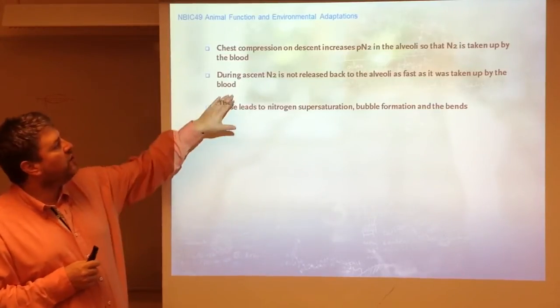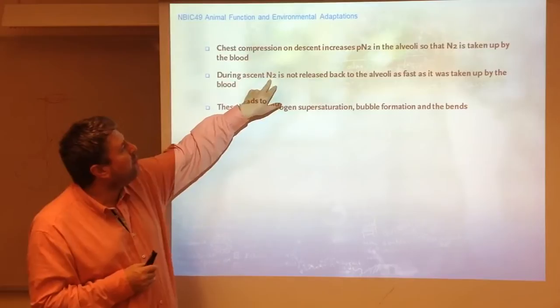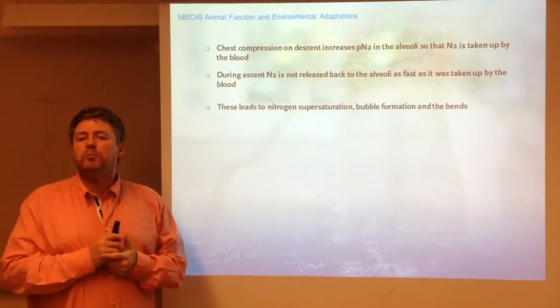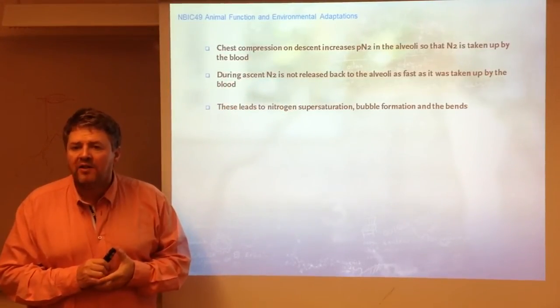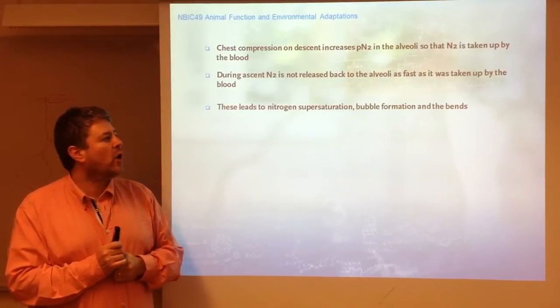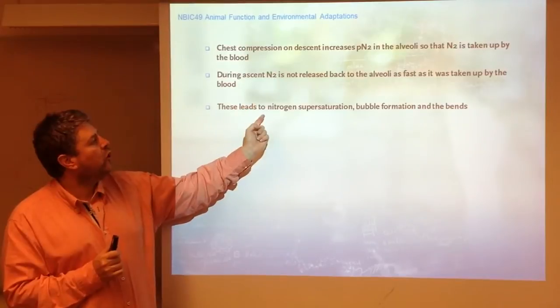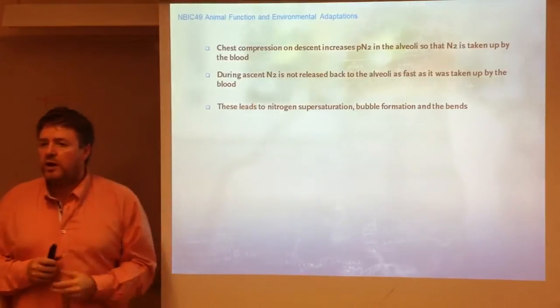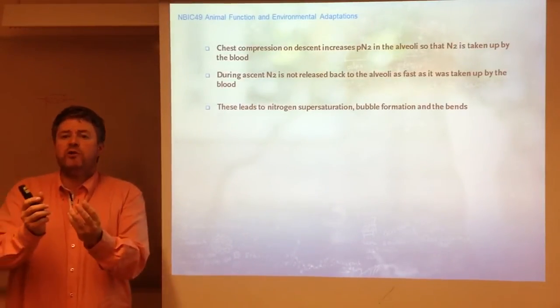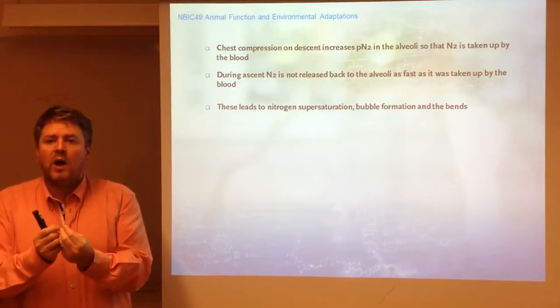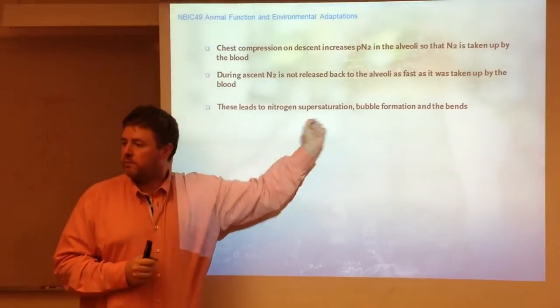But the problem is that the release during ascent may not be as fast as it was taken up during going down. If that's the case, you create a situation of nitrogen supersaturation in the tissues, and when nitrogen supersaturation occurs, you have the potential for bubble formation.